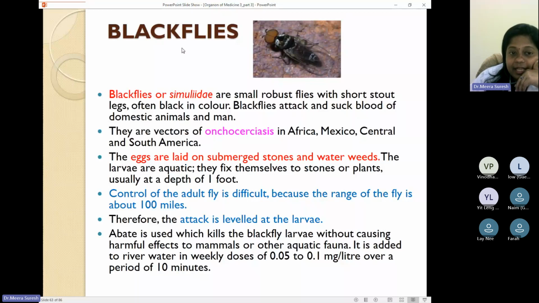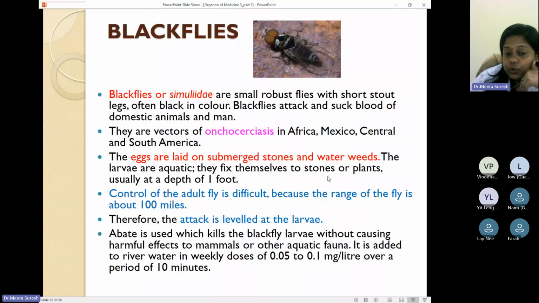But in this case, the black fly is similar to the mosquitoes. The eggs are laid on submerged stones and also water weeds. Not exactly like the mosquitoes, but it means it is in the aquatic area. The breeding or habitat is aquatic. The larvae are aquatic.